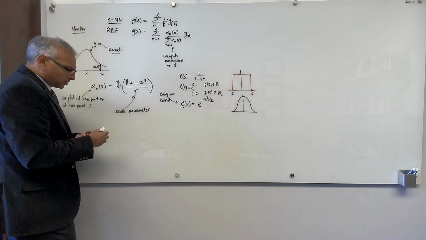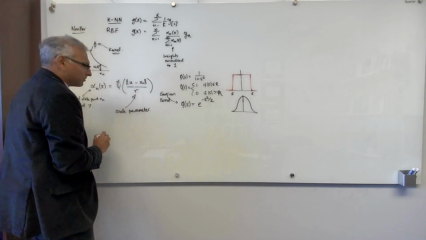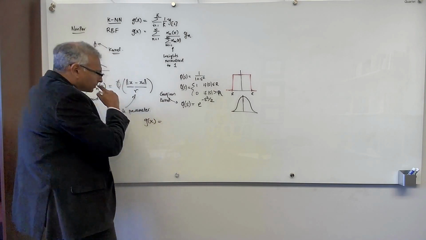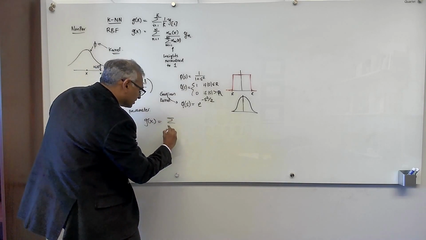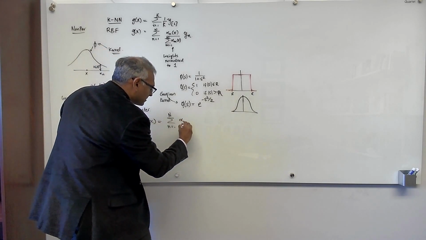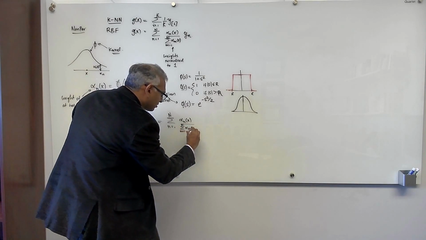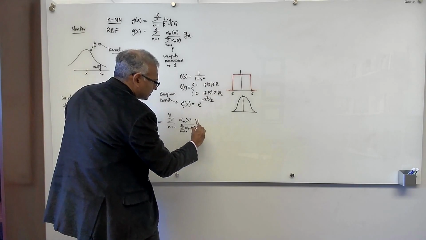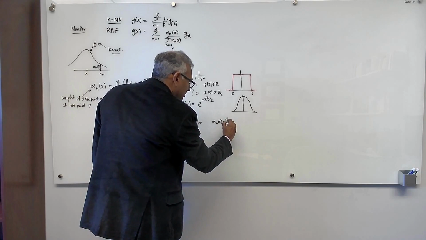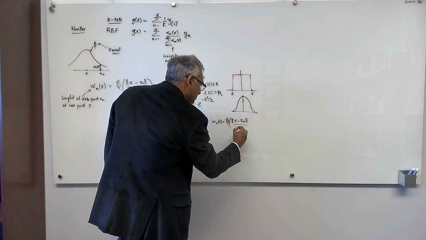Your final hypothesis, g of x, let's box it, is equal to the sum from n equals 1 to big N of alpha n of x over the sum over m equals 1 to big N of alpha m of x, times y n, where alpha n of x is equal to phi of (x minus x n) divided by r.